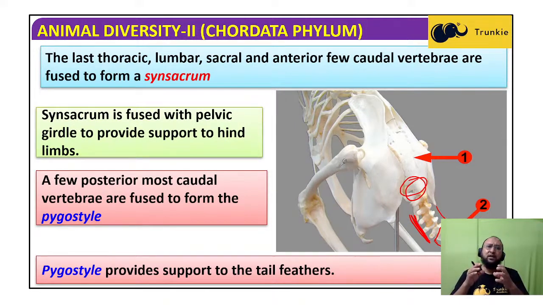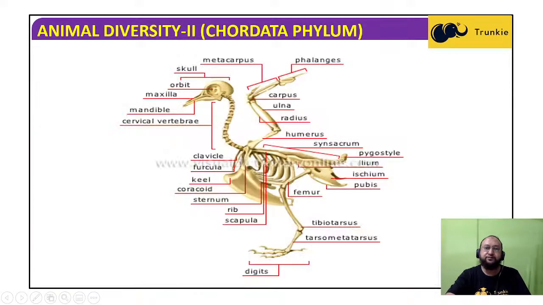Pygostyle is the structure formed by the fusion of the last few posterior caudal vertebrae. The pygostyle provides support to the tail feathers at the posterior region of the tail.